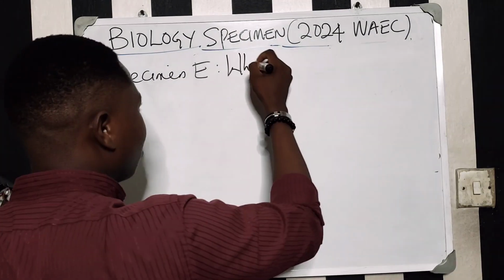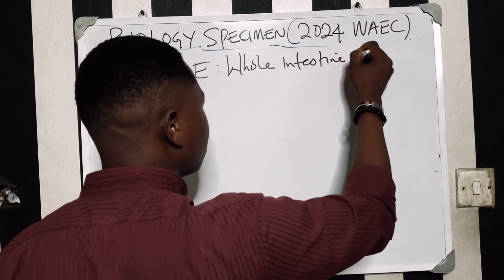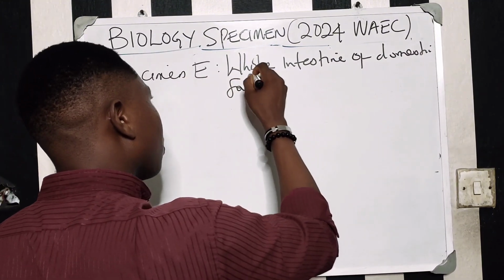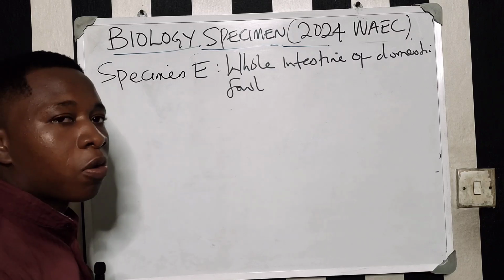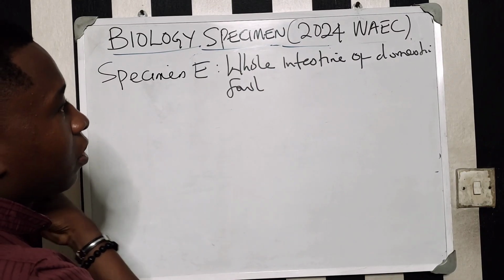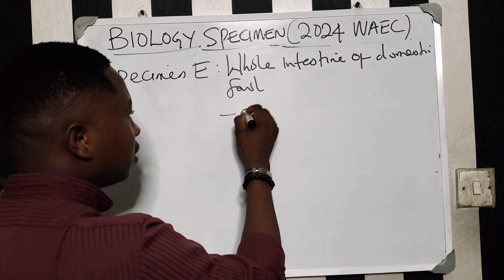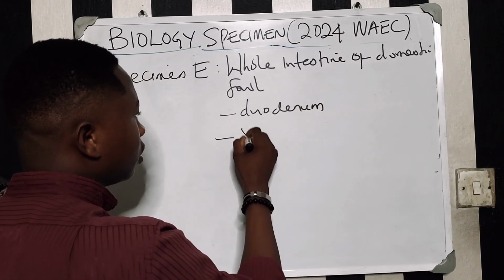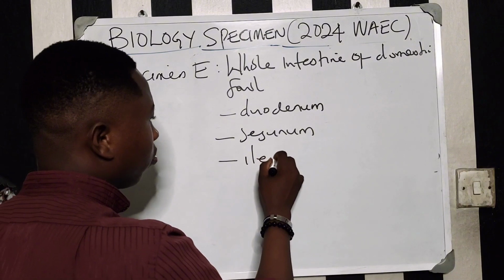Specimen E, small intestine of domestic fowl. Almost all the specimens are associated with domestic fowl. The intestine in domestic fowl is divided into three parts: firstly the duodenum, the jejunum, and the ileum.